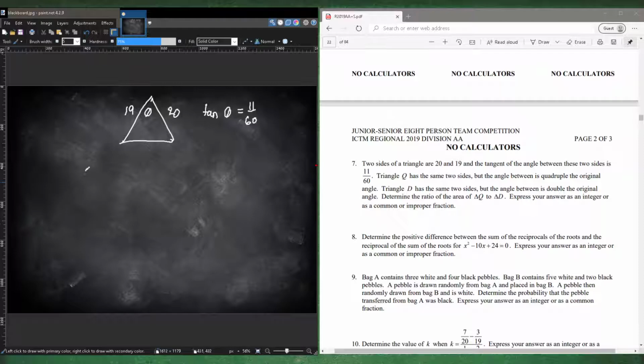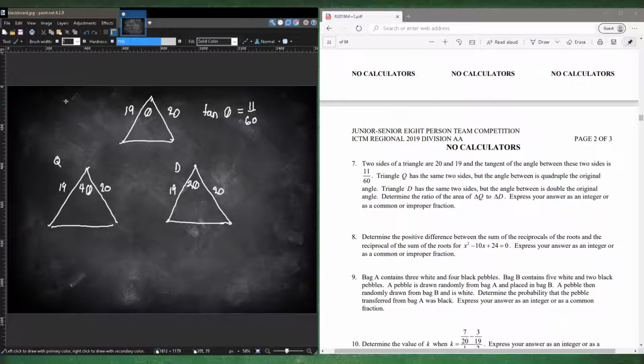And now in the second sentence, they gave us that there's a triangle Q, and it has the same two sides, so it's 19 and 20, but has quadrupled the angle, so 4 theta. And now we also have another triangle, which we call triangle D. It has the same two sides, 19 and 20, but it has double the angle, so 2 theta. And we need to find the area of Q to D.